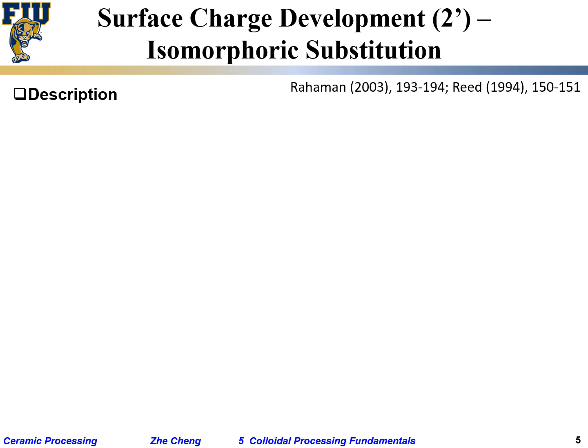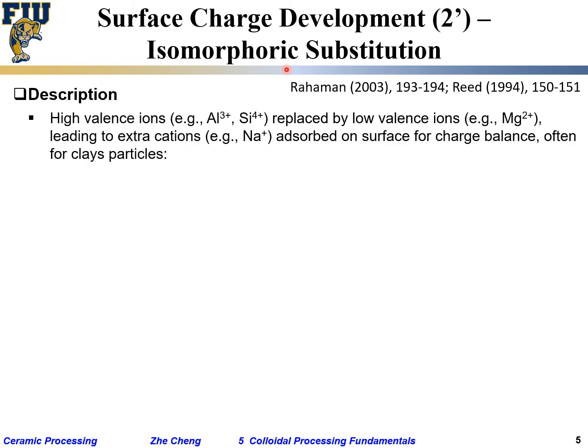And another type that we are going to talk about a little is so-called isomorphic substitution. Typically it happens when a high valence cation is replaced by a low valence cation in ceramic material, like aluminum or silicon replaced by magnesium.